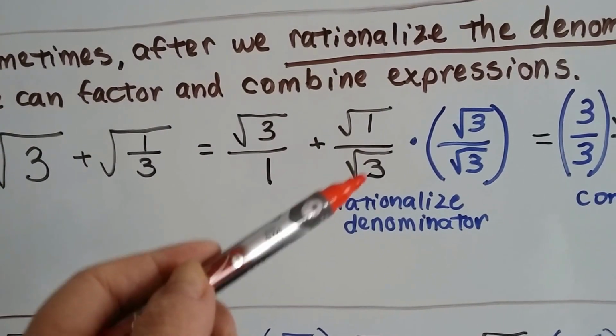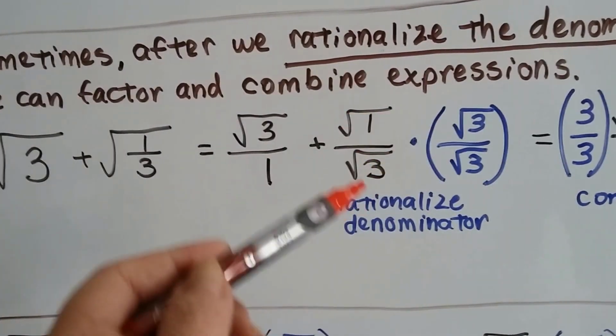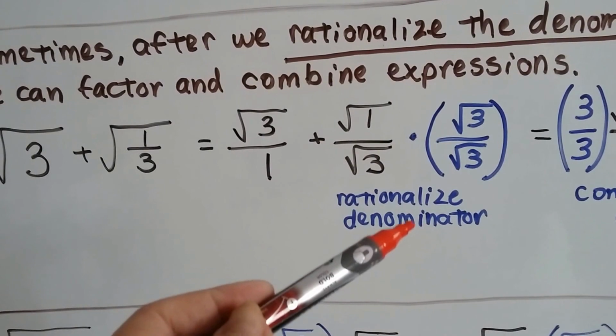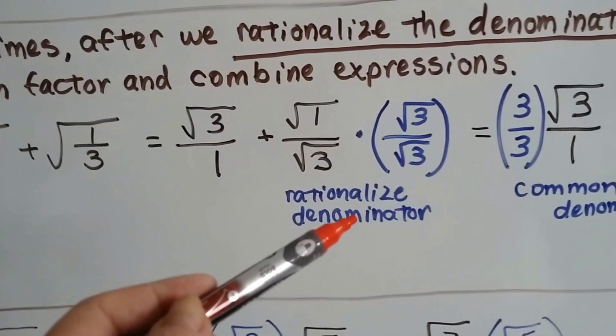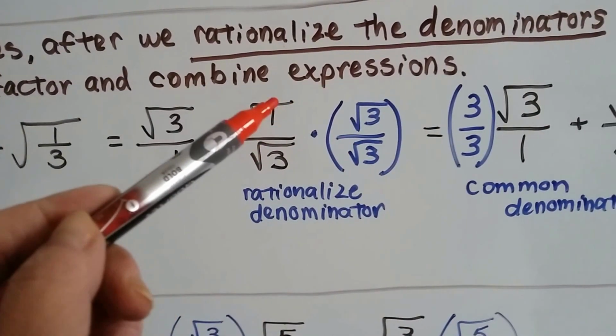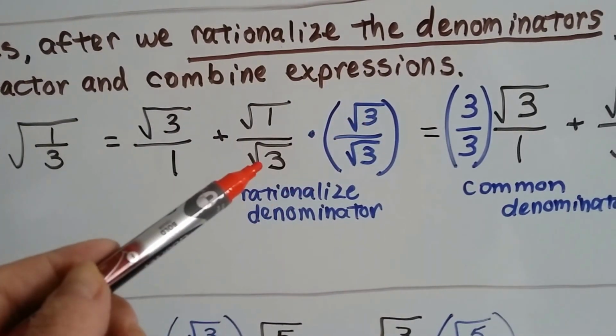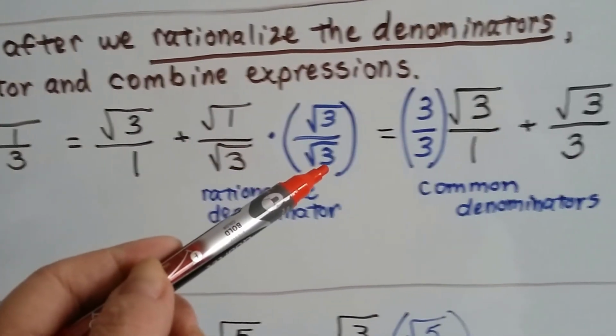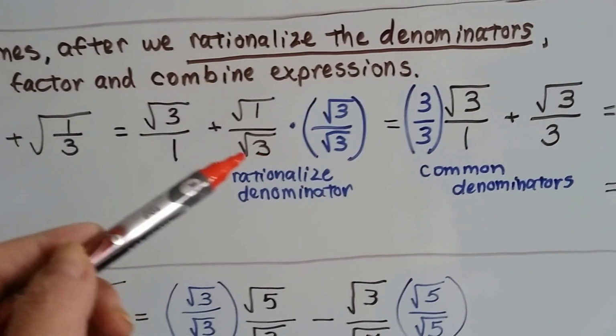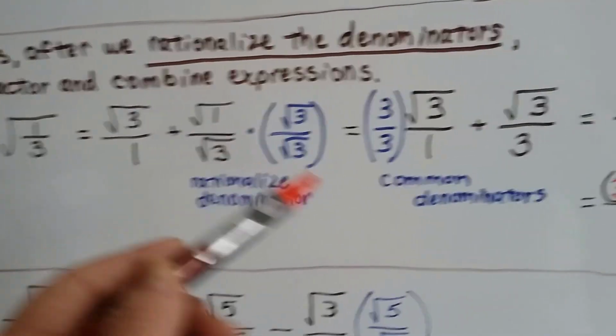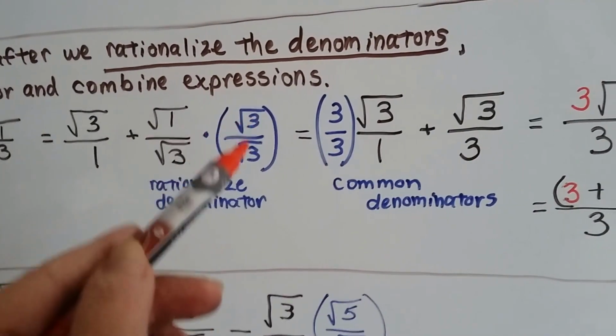So we multiply this square root of 1/3 by the denominator over the denominator to rationalize it, and we get the square root of 3 over the square root of 9. See? And the square root of 9 is a 3, so now we've got the square root of 3 over 3.